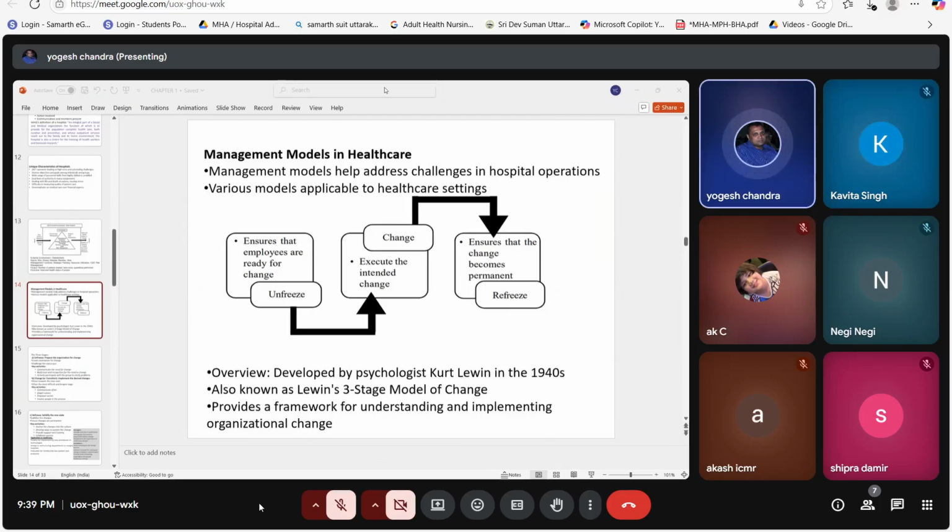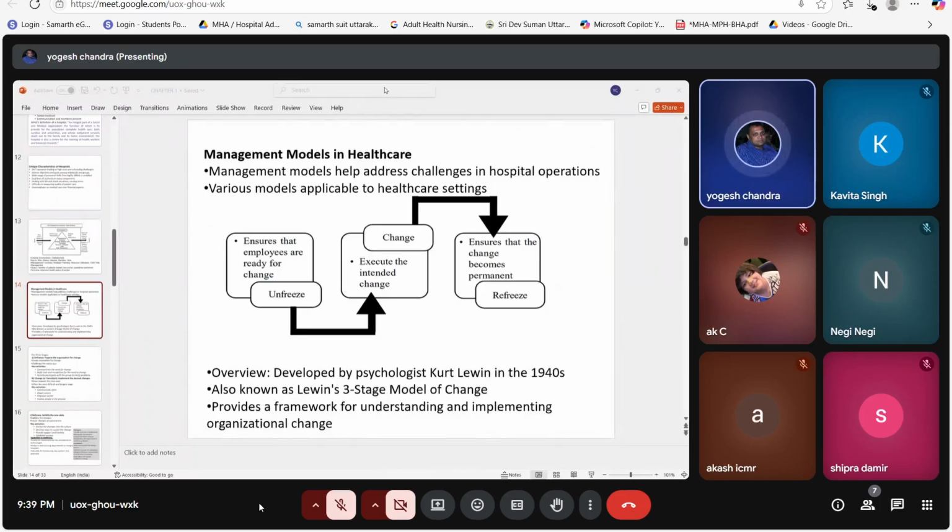Very correct. First, you have to identify your current situation, as Kavita has told, whether we are able to take this kind of change in the organization or not. So we have to assess that. Then whatever things are required for this change in the unfreeze stage, we have to identify the need.